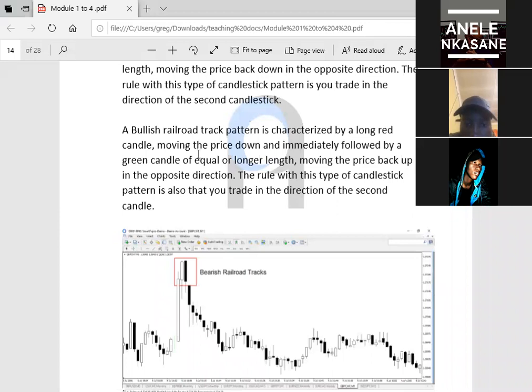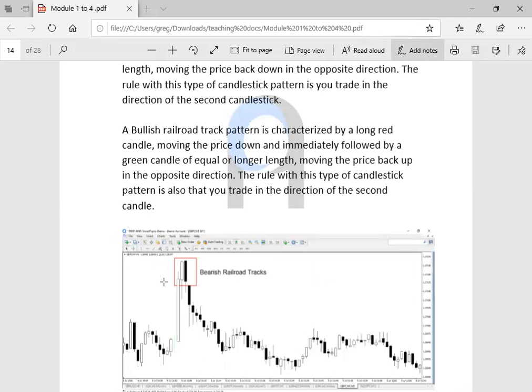These candlestick patterns help us to see potential reversals. If the market has been rising, which means it's been on an uptrend, it's been bullish, and we get a chart pattern that looks something like this, then we have a different way of thinking from there on.